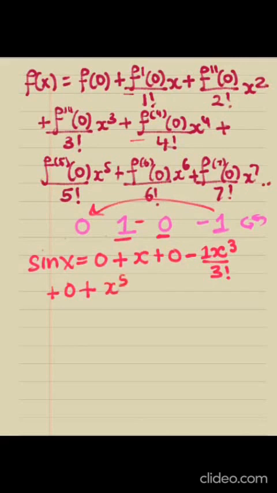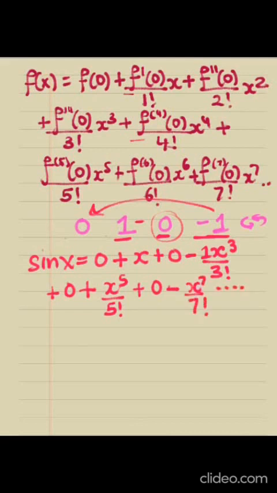So we have x raised to 5 over 5 factorial, plus the sixth derivative of 0 is 0 again, so plus 0, and then the seventh derivative of 0 is negative 1, so we have minus x raised to 7 over 7 factorial.